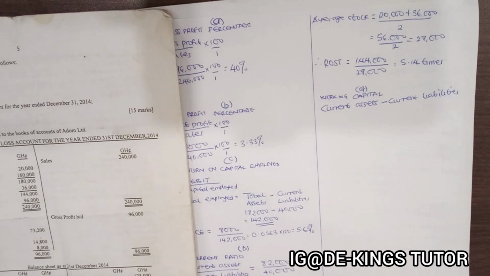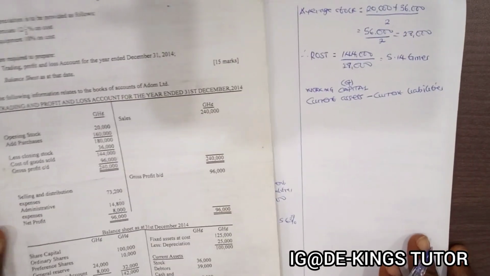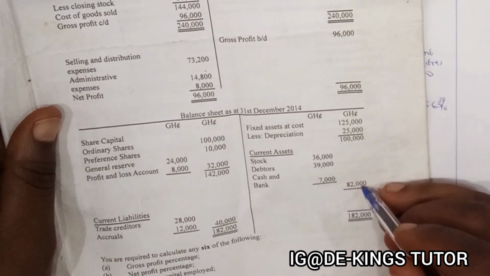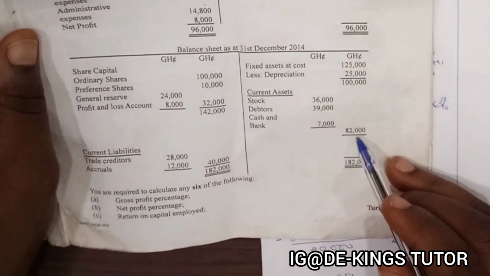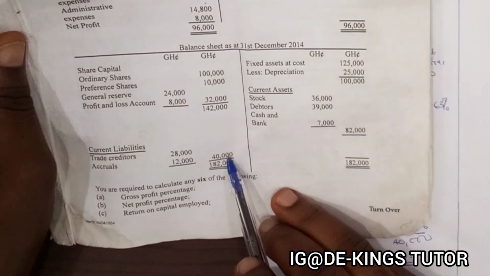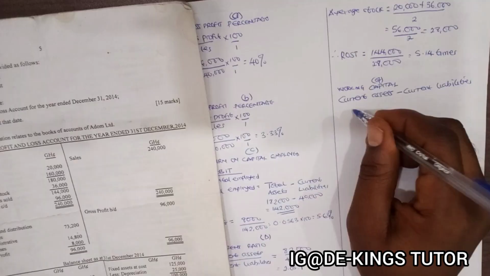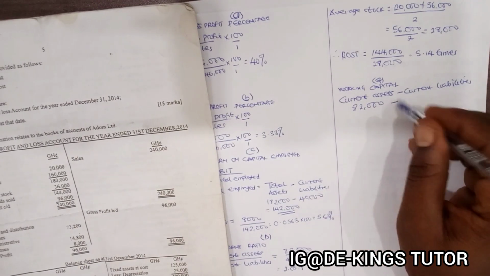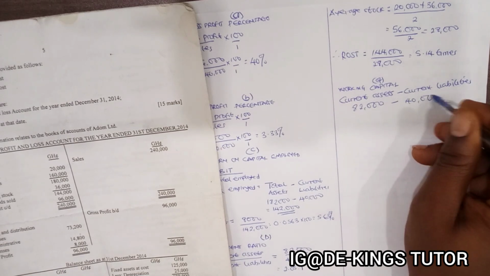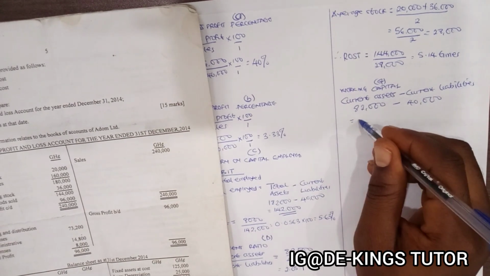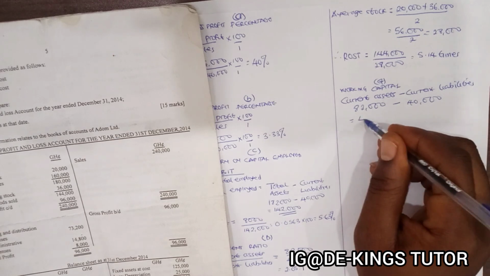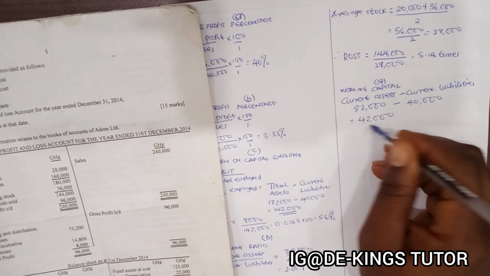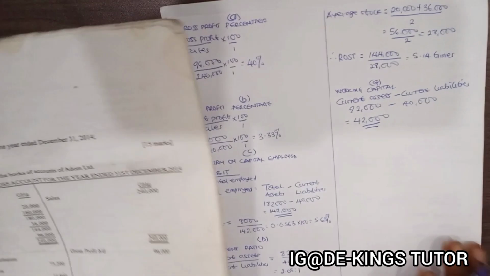Current assets minus current liabilities. Now from this question, current assets are 82,000, and current liability is 40,000. So we have 82,000 minus 40,000, which will give us 42,000 Ghana cedis as the working capital.